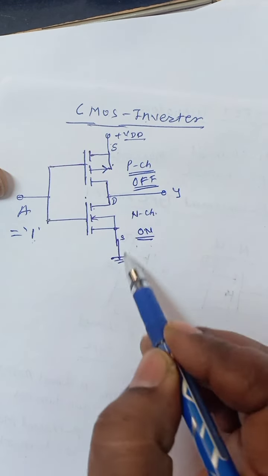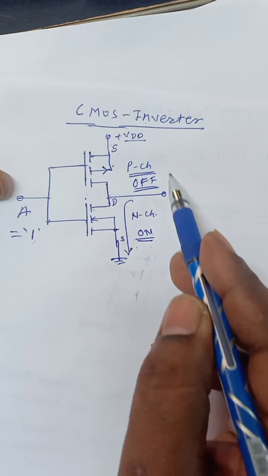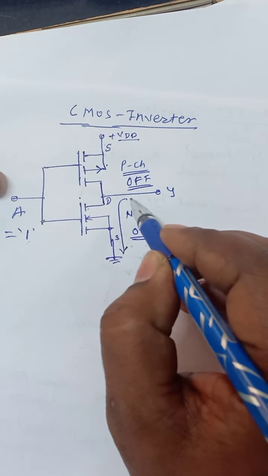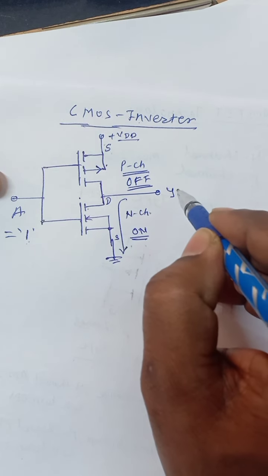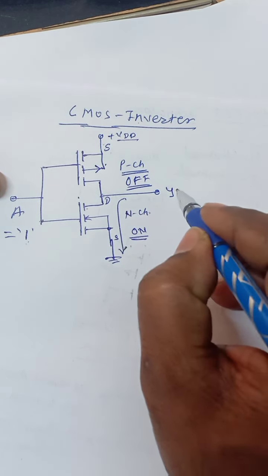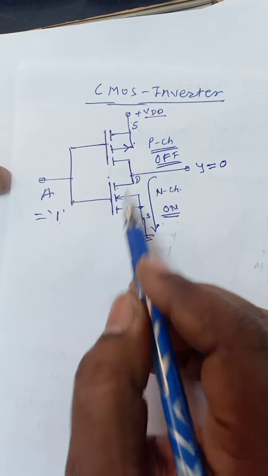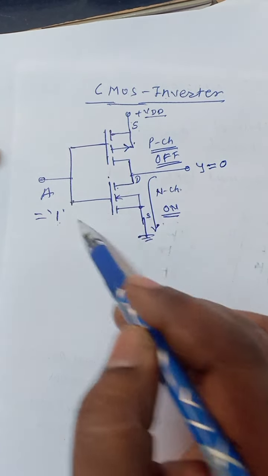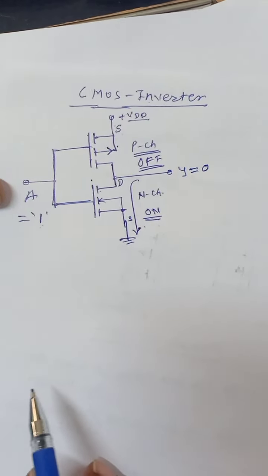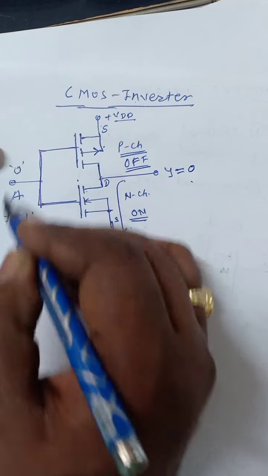The on transistor sinks the current, it offers very low resistance, and you get low voltage across it, so Y equal to 0. So this is nothing but a CMOS inverter. If you apply 1, you will get 0. Now if you apply 0, what happens?